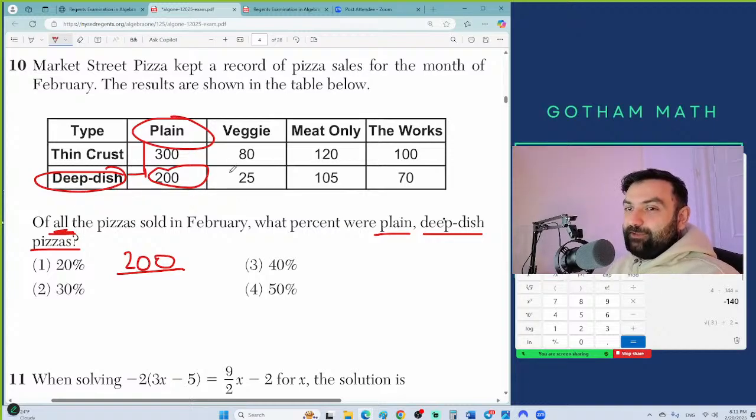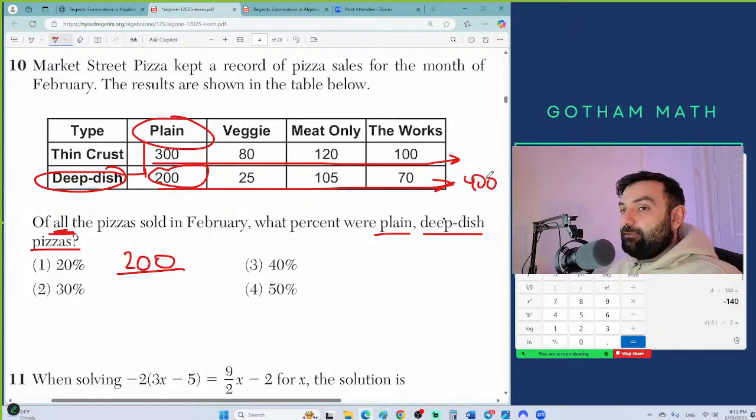So let's add everything. I'm going to add up like this, line by line. It's going to be 200 plus 25 plus 105, which is 400 in that row, and on the top we have 300 plus 80 plus 120, which is 500 plus 100, 600. So the total will be 1,000.